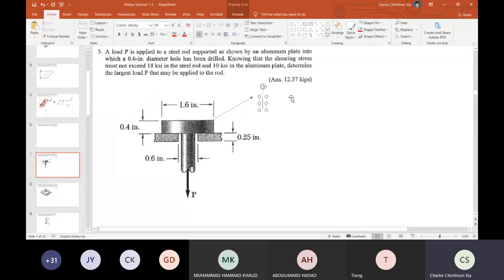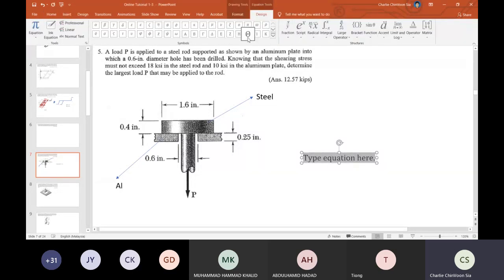So this is the steel, and then this is the aluminum plate. So aluminum, right?